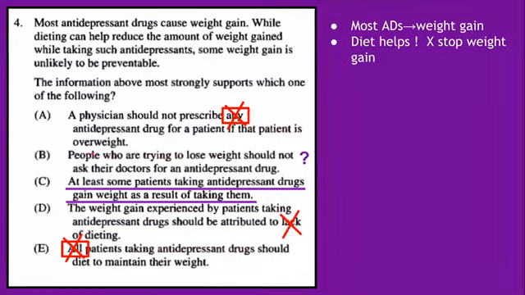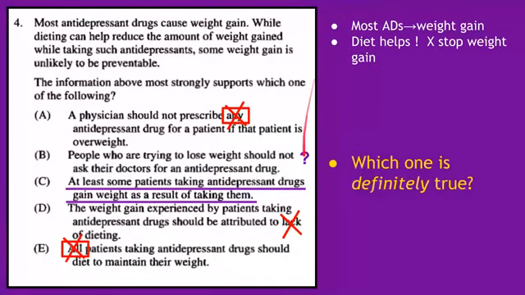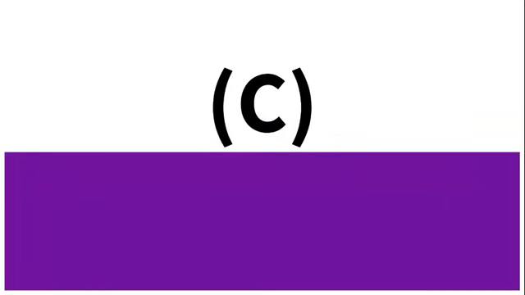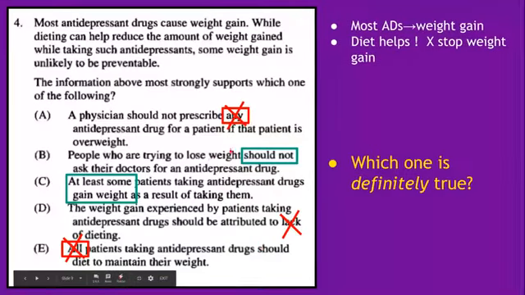Once again, sort of in the same vein as the reason that we crossed off A, we don't know about all of these people who are trying to lose weight and why they might ask their doctor about antidepressant drugs. Whereas we do definitely know that at least some patients taking antidepressants gained weight. That was very clearly established. So which one is definitely true? That's a more succinct way of saying it. In this case, C is definitely true. Yes, you can see the comparison between should not and at least some gained weight.